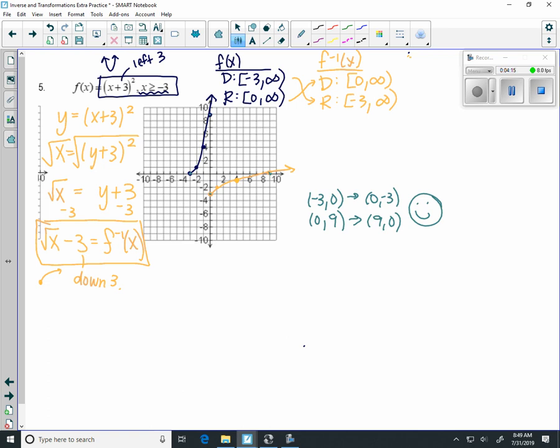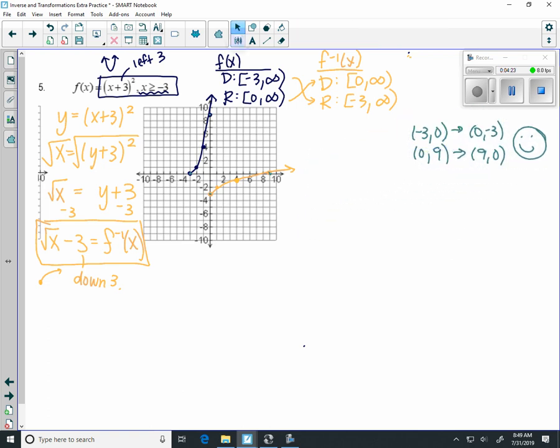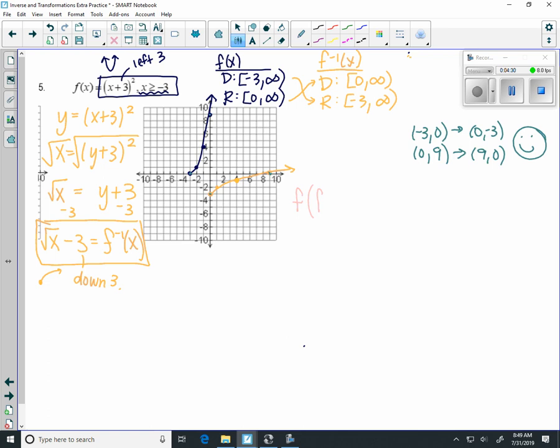The last piece to do is the function composition. The inverse was square root of x minus 3. And I'm plugging that in right here.